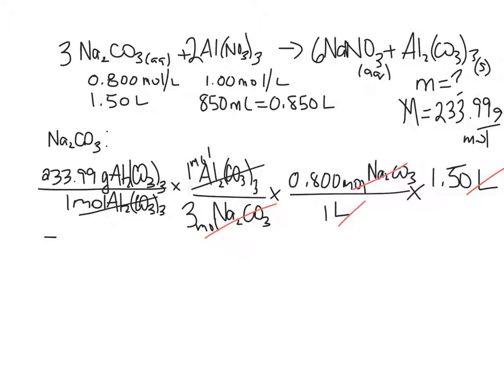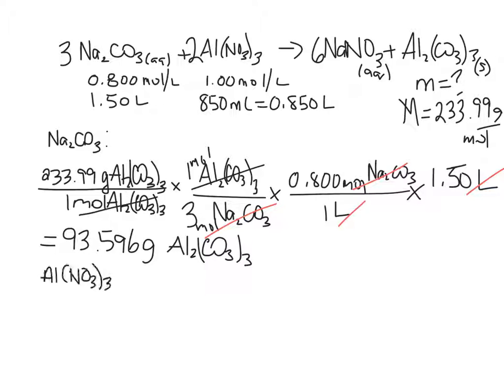So this is equal to 93.596 grams of aluminum carbonate. Okay, so now we're going to repeat using aluminum nitrate.